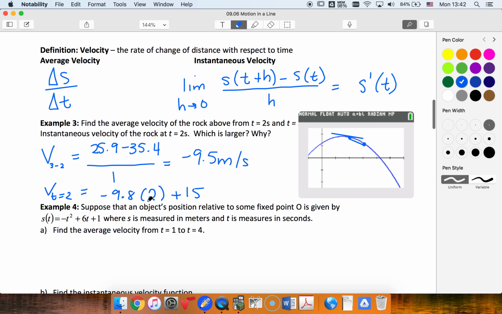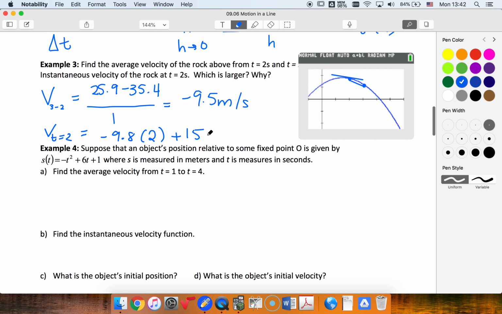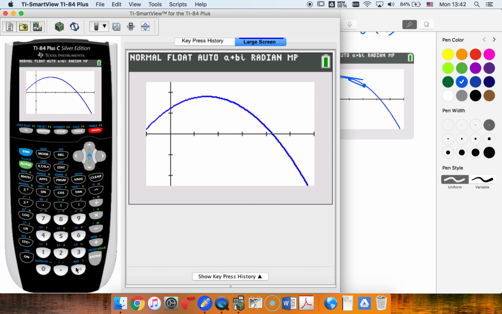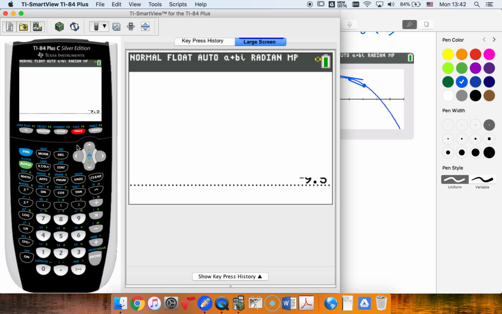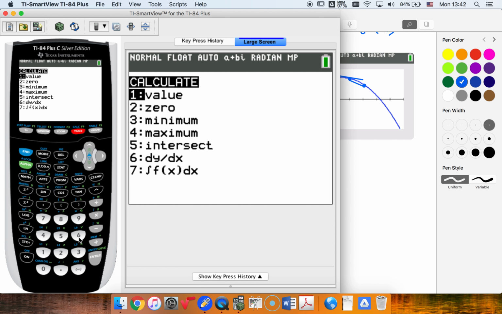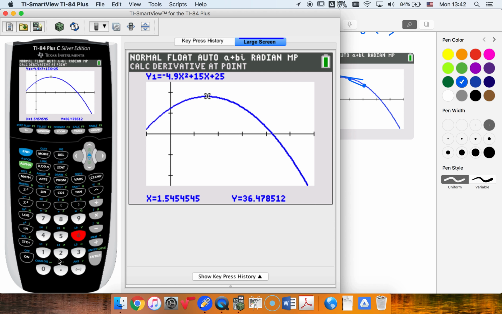Plugging in the 2 for my t is going to give me my instantaneous velocity. So I could also calculate that with my graph. So I'm going to calculate dy dx at x equals 2.